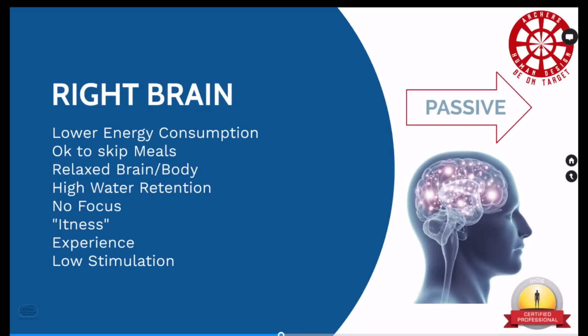This is one of the things that is true for the right brain-body system, is high water retention. It's not about the brain being active or focused. It's about the passive itness of being. Itness, as in presence, as in experience, as in being available to take everything in.